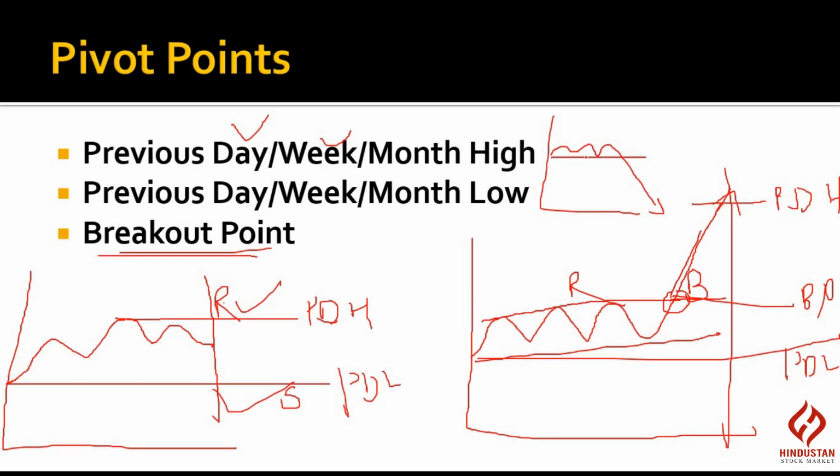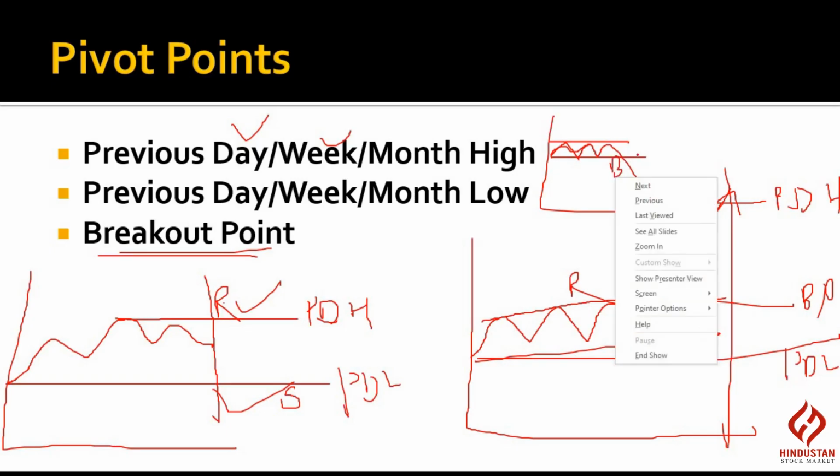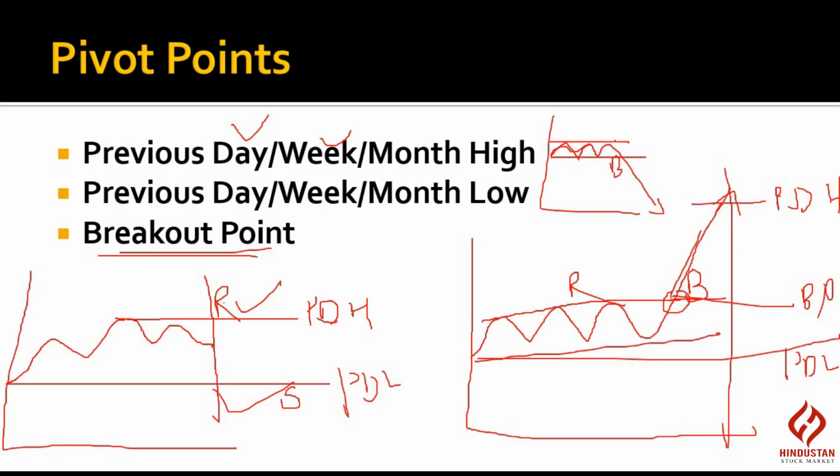So this is a support line, this is a resistance line. The market has to stay sideways for some time, then a breakdown has to happen, and only then can we call this a breakout, right? So this is your previous day high, PDH, this is your breakout, and this is your previous day low. These will work as important support and resistance levels, right?